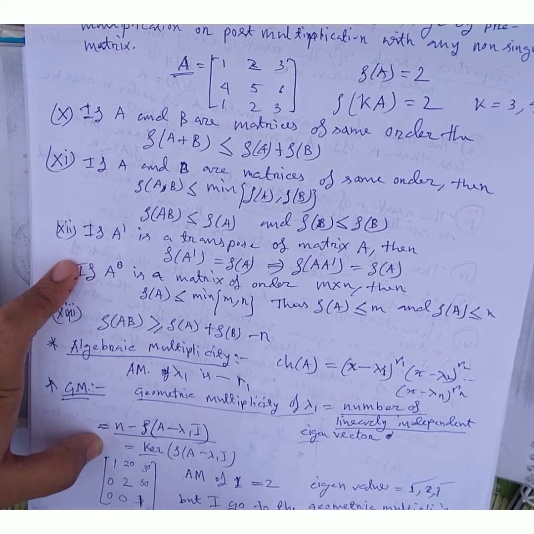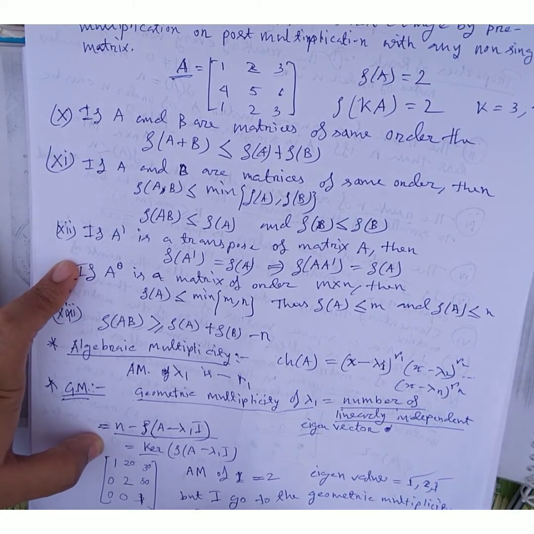Eigenvector lambda 1. How can you get n in here?